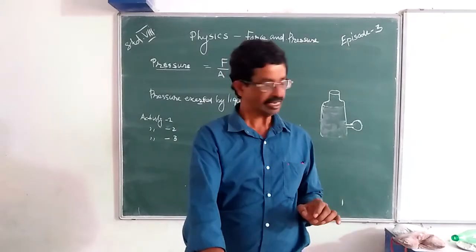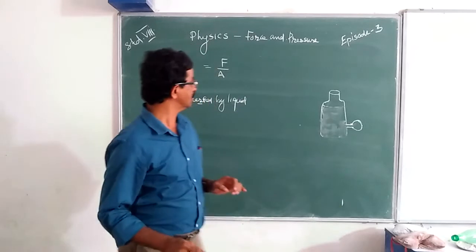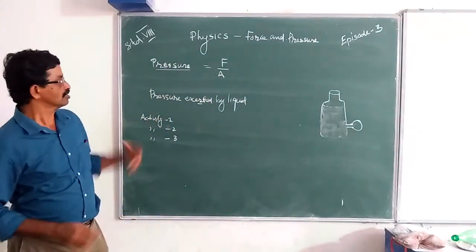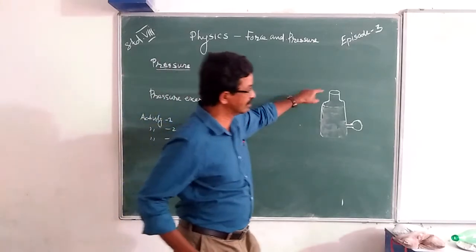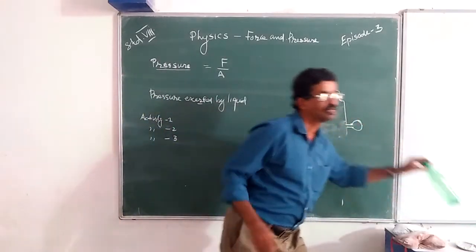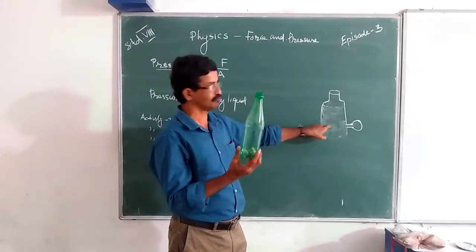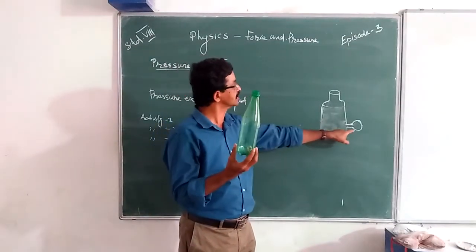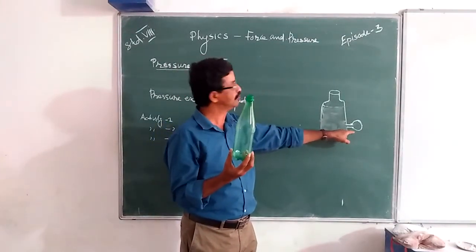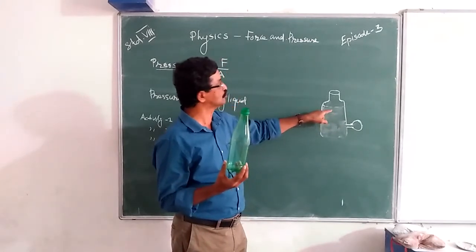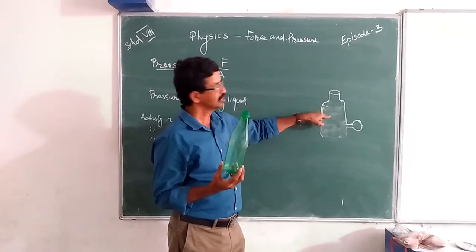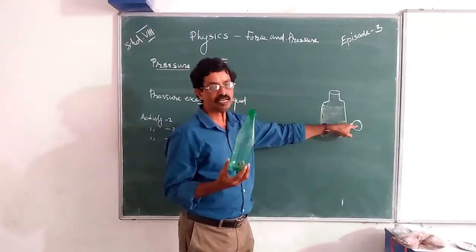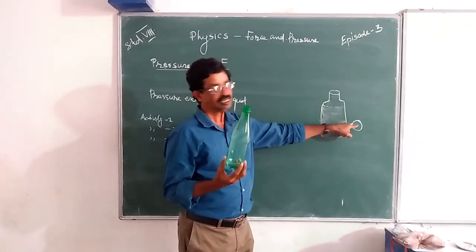Now, check another activity. Listen here. Here is a bottle, just like this bottle, with a side tube, and it is connected with a balloon. When water is poured into this bottle, the balloon bulges or expands. Why?